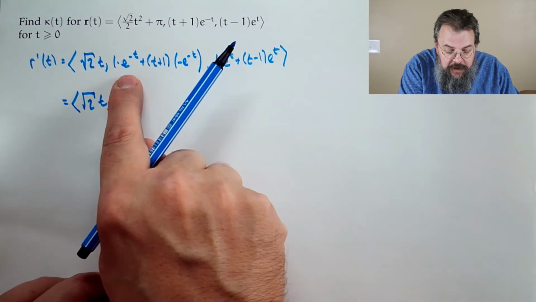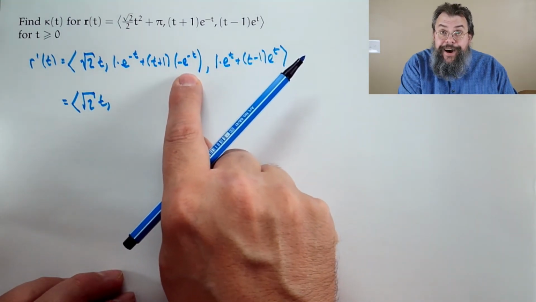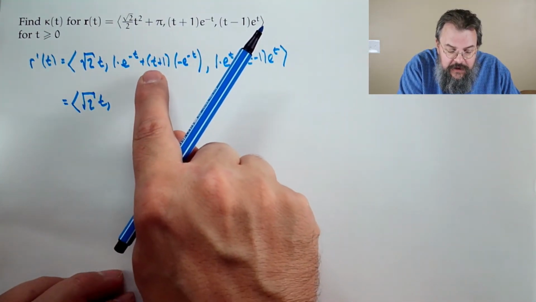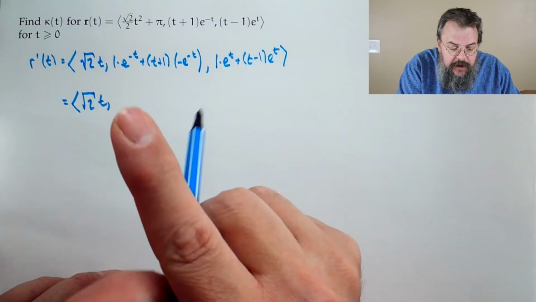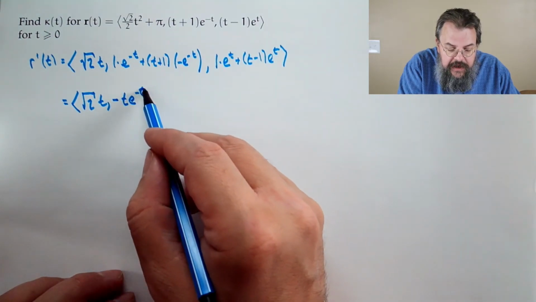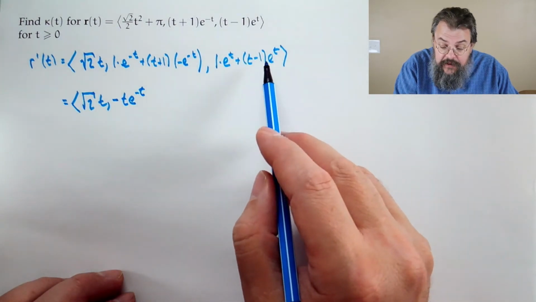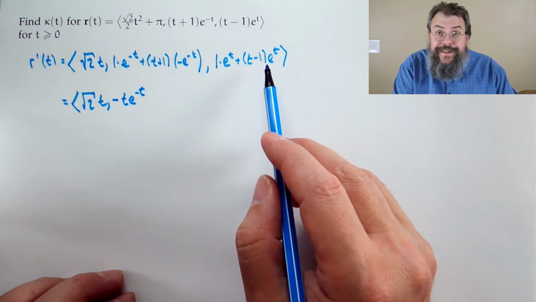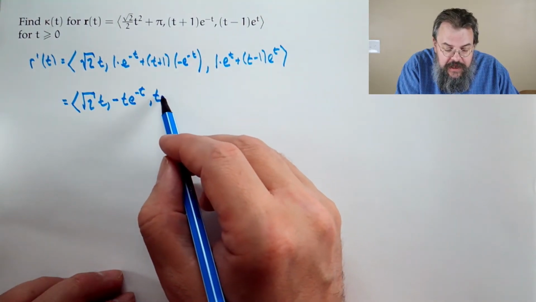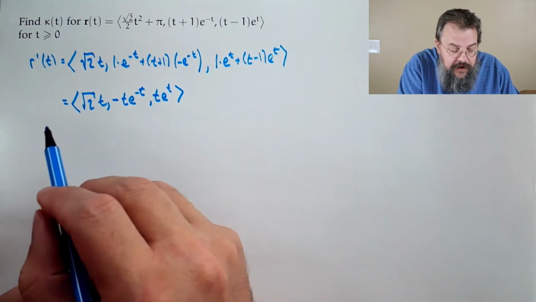We see an e to the minus t and a minus e to the minus t. Cancellation. Beautiful. So what doesn't cancel? Well, this t and the minus e to the minus t, so that would be minus t e to the minus t. Here, there's an e to the t and a minus e to the t. More cancellation. What are we left with? We're left with t e to the t. Okay, now that's r prime.